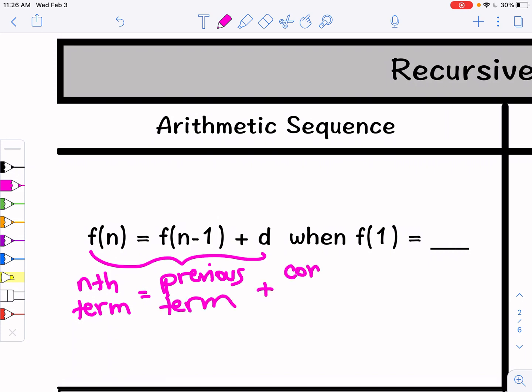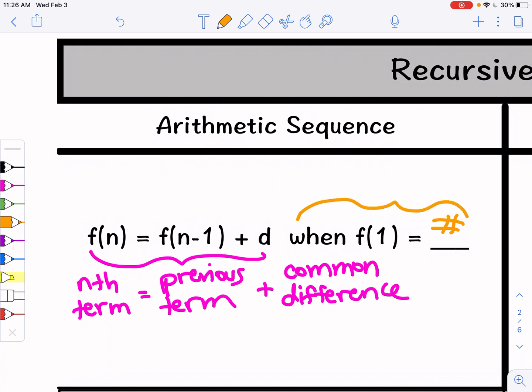So you take each term and you add the common difference to it, or subtract, you can always add a negative, to get the next term. And so then we have up here, f of 1 equals some number. So we have to know where to start. So this right here is the given first term.